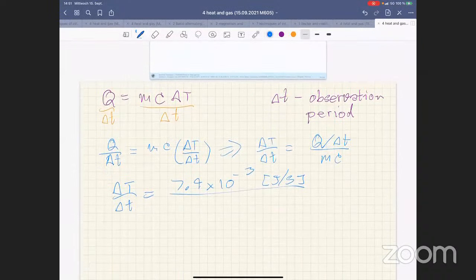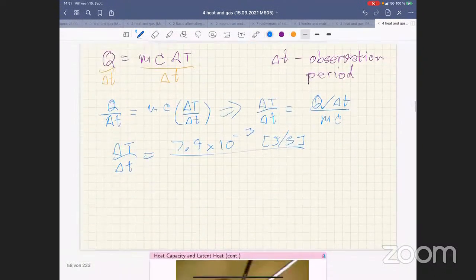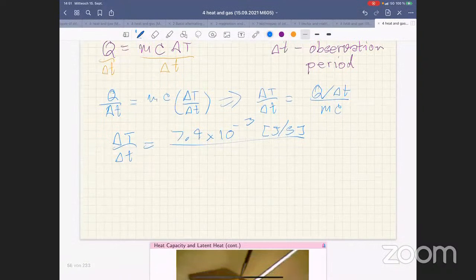M is the mass of the semiconductor, which is silicon. 23 times 10 raised to -3 milligram, right? So 10 to the -6 kilogram.